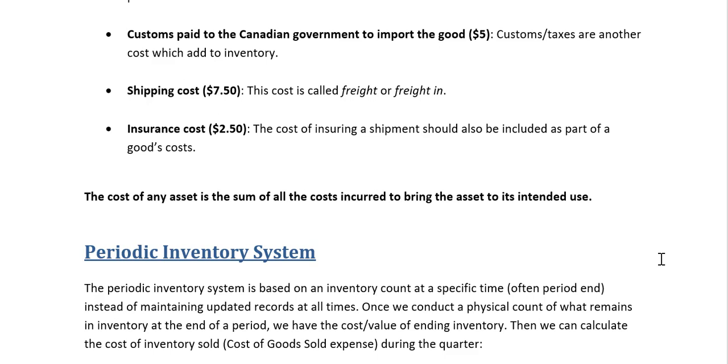There might be storage, there might be insurance while the product is in storage. So anything like that you can add to the cost of the good. And when you sell it, it becomes cost of goods sold expense.